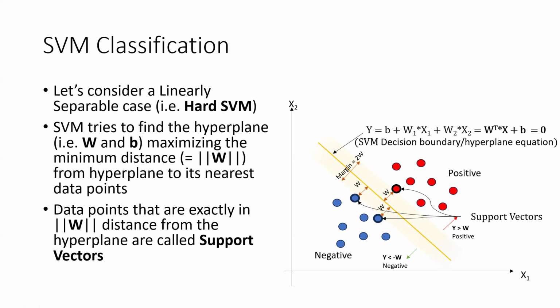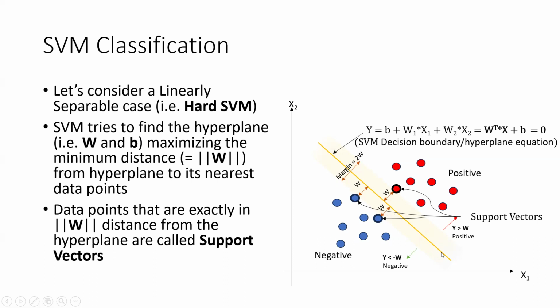Let me explain it again: we are trying to find the hyperplane, which means finding W and B values, maximizing the minimum distance, the distance from the hyperplane to its nearest data points.